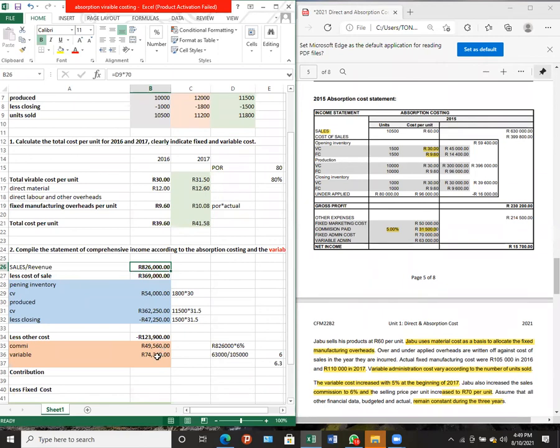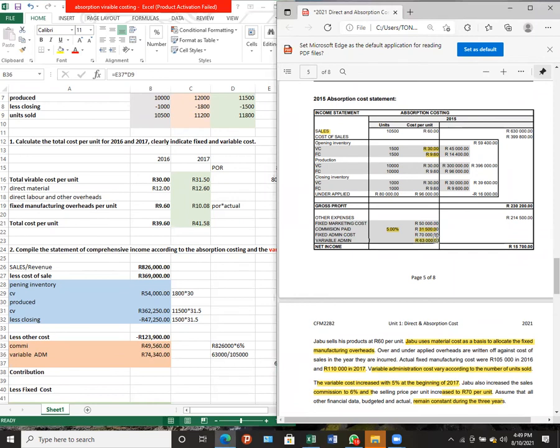Okay. Let's go to variable admin, guys. For variable admin, to get this amount, you firstly need to know what is the variable cost per unit before the increase of 5%.